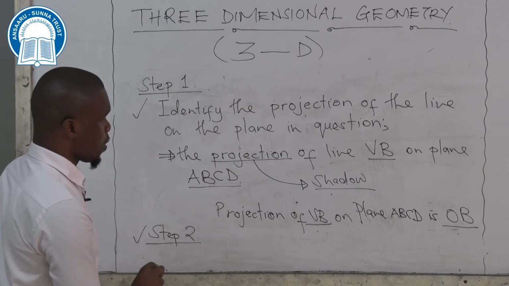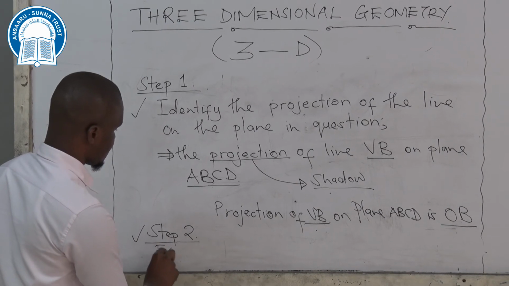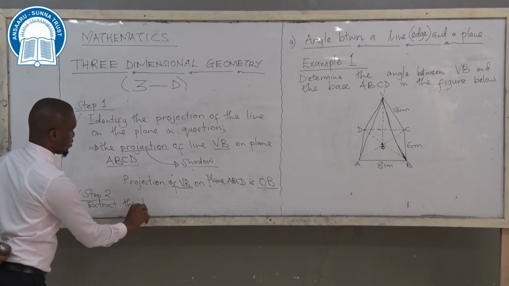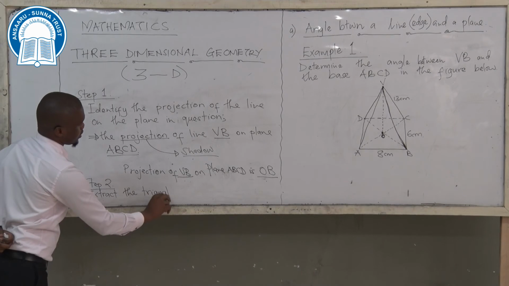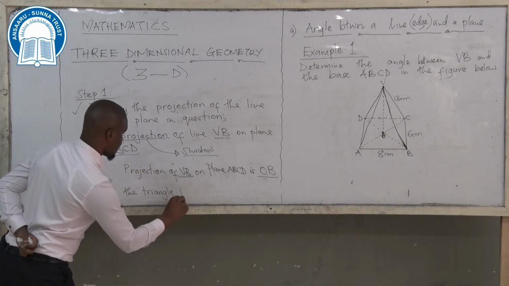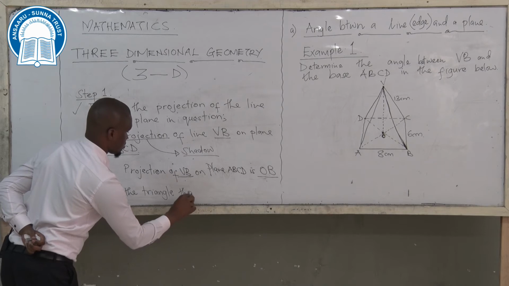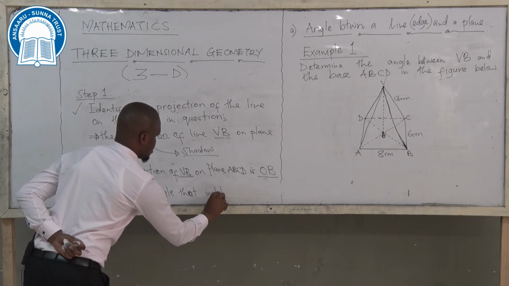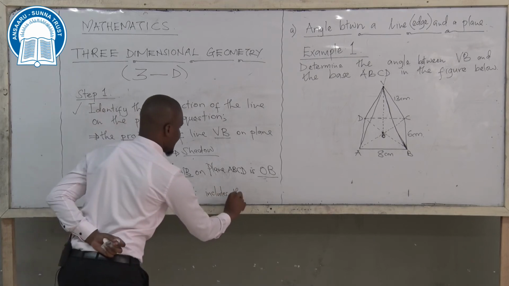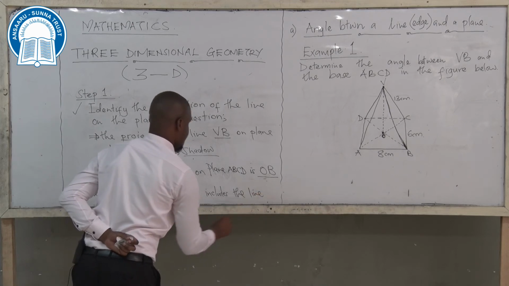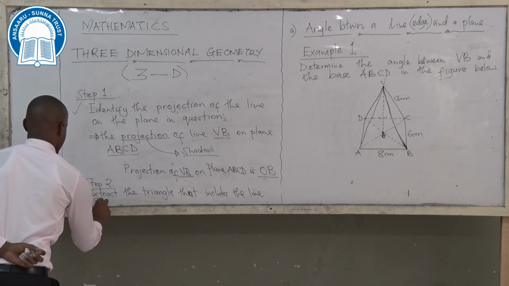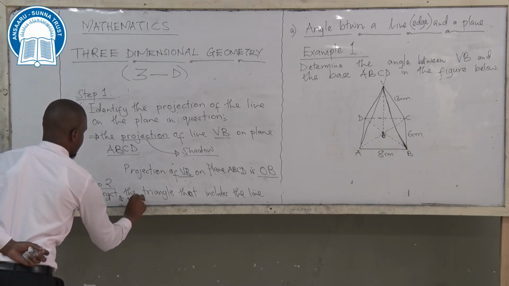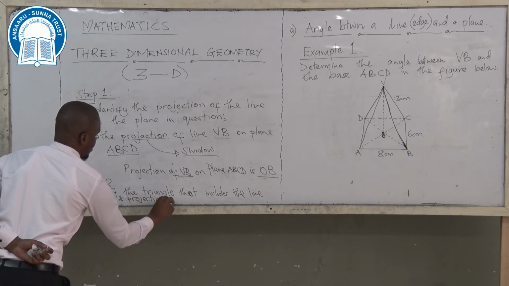In step 2, we require you to do what we call extract the triangle that includes the line and its projection on the plane.